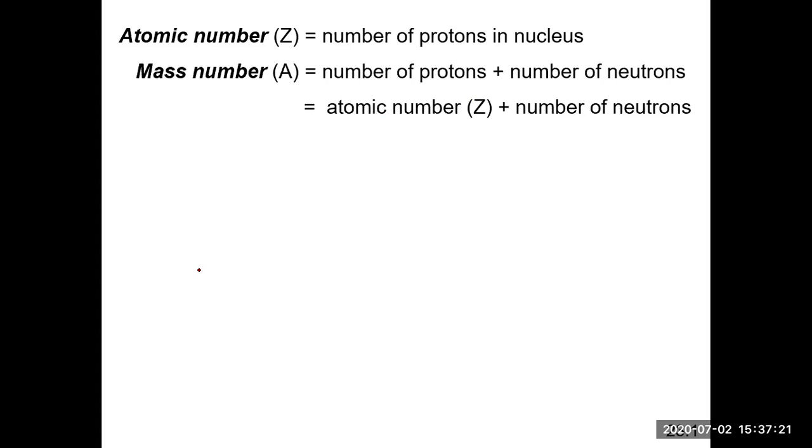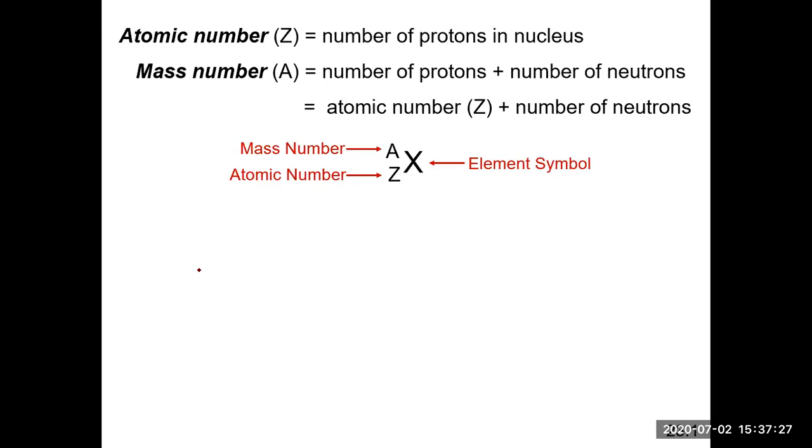So hopefully you remember what some of these numbers sort of mean, right? When we write symbols like we were doing just there, the top number is the mass number. The bottom number on the left there is the atomic number. And hopefully you remember that the atomic number is the number of protons that you find in the nucleus of an atom.